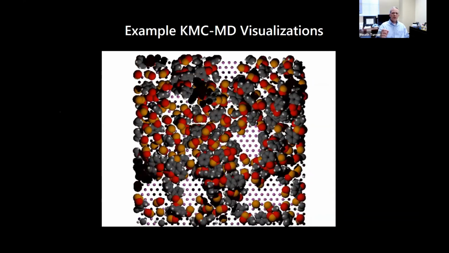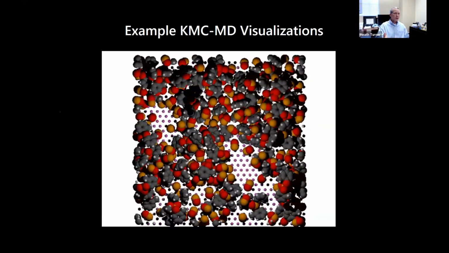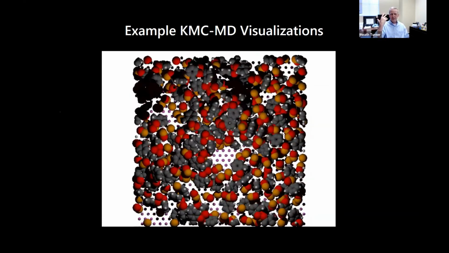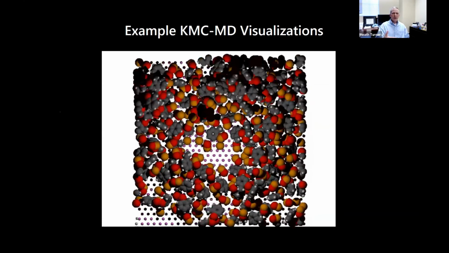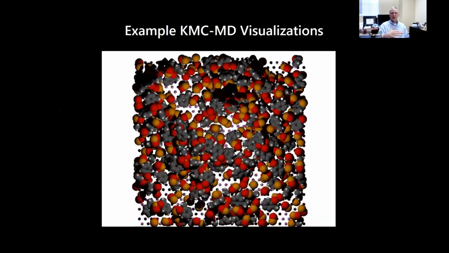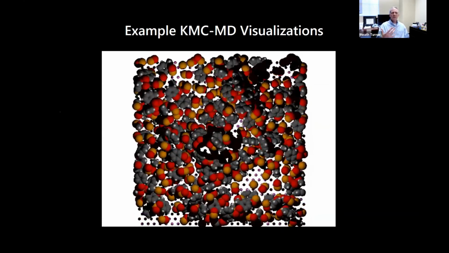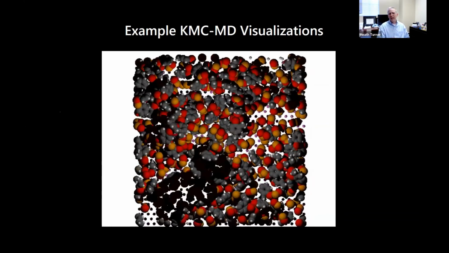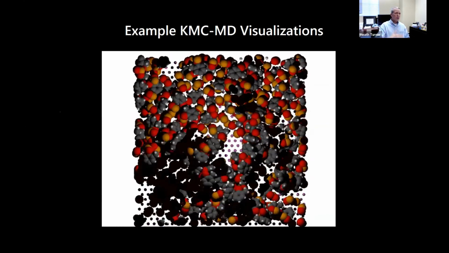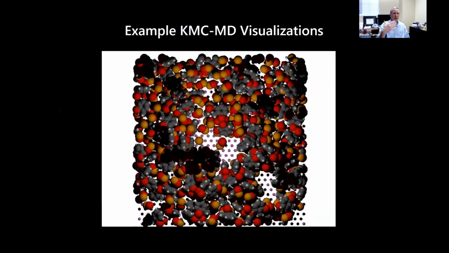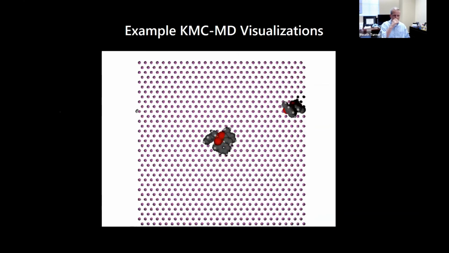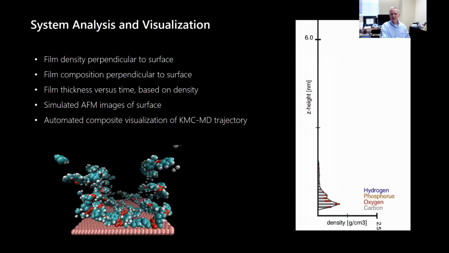So you'll see bonds being created. You'll see the side products, that crescent ring, will pop off of the surface. And the simulation, again, will just bounce back and forth between MD and KMC. And this film will just gradually grow over time. And so you can get up to nanometer scale film thicknesses.